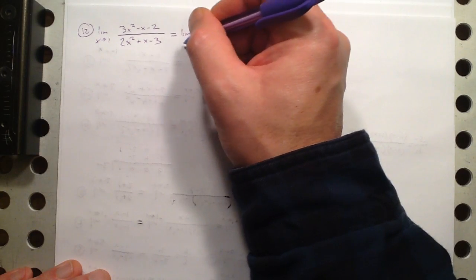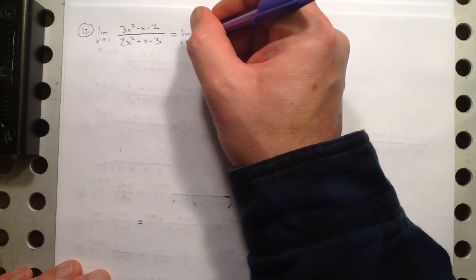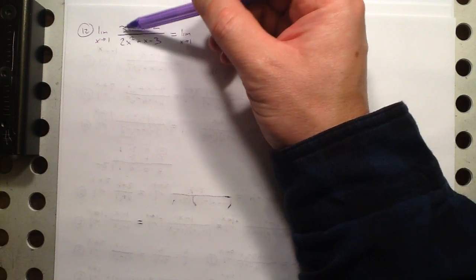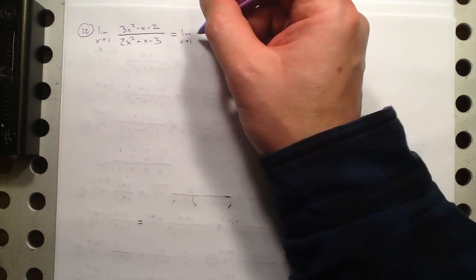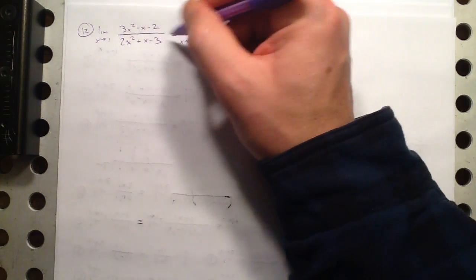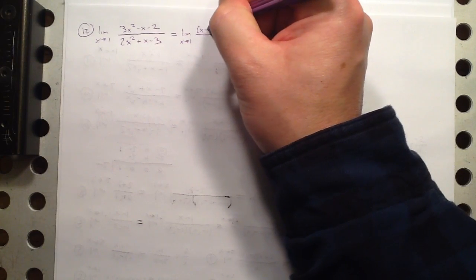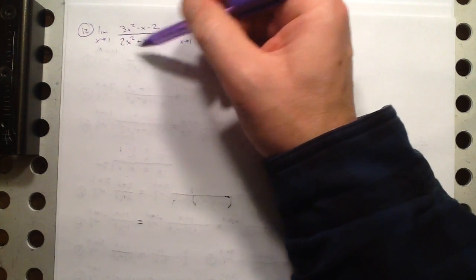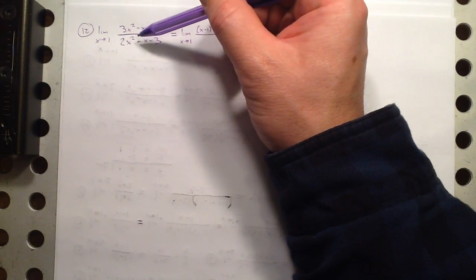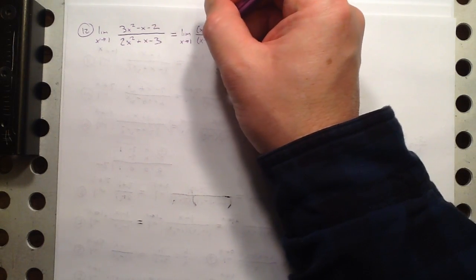But you probably don't, because you're awesome algebra students. And besides, we don't really even need to worry about that, because when I plug in the 1, 3 minus 1 minus 2, that's a 0 on the top. So that means that x minus 1 must be a factor of that. And on the bottom, 1 plus 1 minus 3, x minus 1, it's got to be a factor of that.